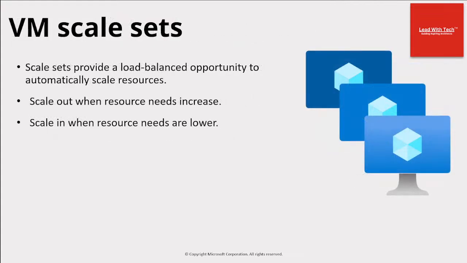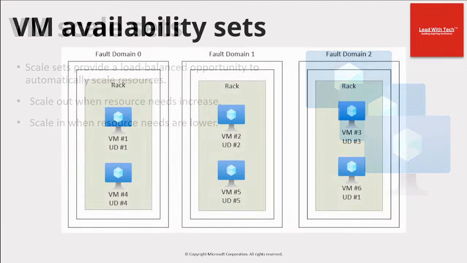Now when we say virtual machine, we are also talking about scale sets. Scale sets are basically a group of virtual machines which are load balanced, with the ability to scale in and scale out depending on the traffic and the need of the application. We typically configure a virtual machine scale set at the time of creating a VM or link an existing VM into a scale set.